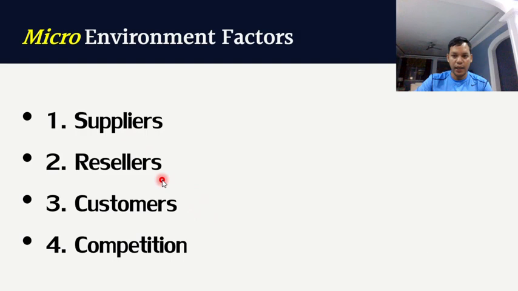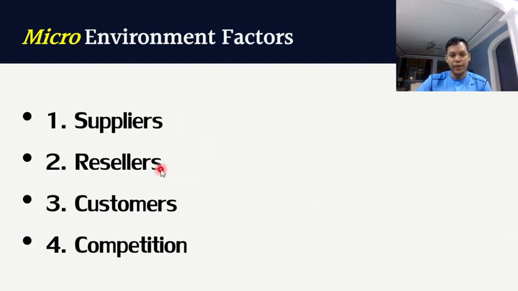Next, we have these resellers. So the market intermediaries, or they call it middlemen, or resellers, have a great contribution to the delivery of products to the ultimate consumers. For example, if the reseller has a reputable name, then this reputation can be leveraged in marketing the products.